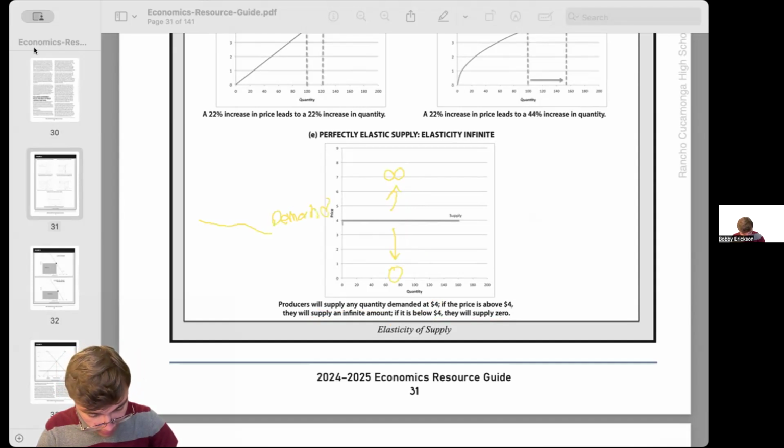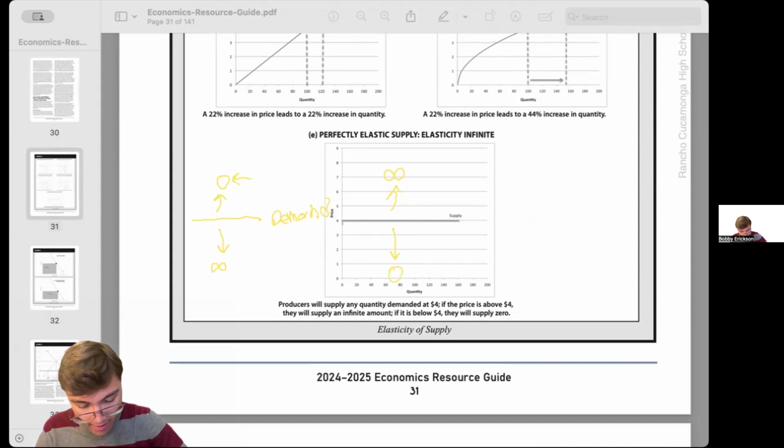Say we have a demand curve here, or at least a perfectly elastic demand. Then below is infinite and above is zero. Because, I mean, this makes logical sense, right?